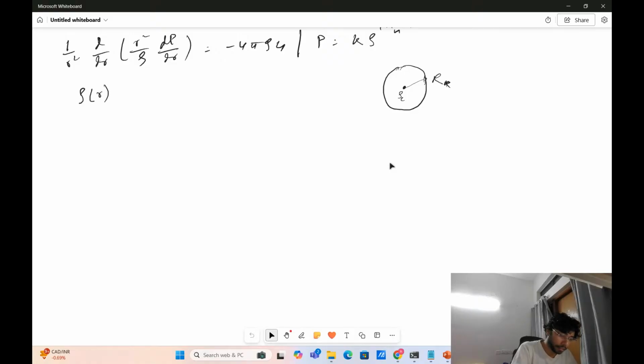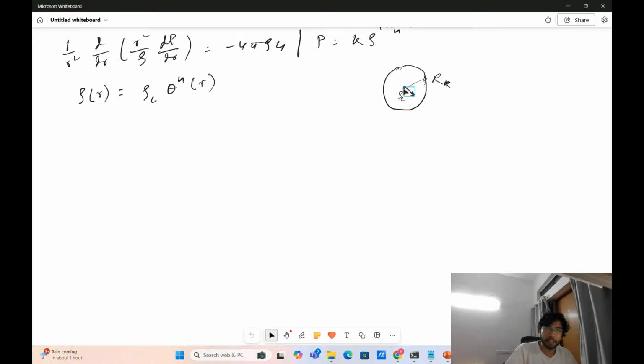In general, the density will vary with distance, and the variation of density can be assumed in terms of this parameter theta. So we can always have a function like this, and all the variation in density is absorbed in the variation of theta with r. So theta is also a function of r.